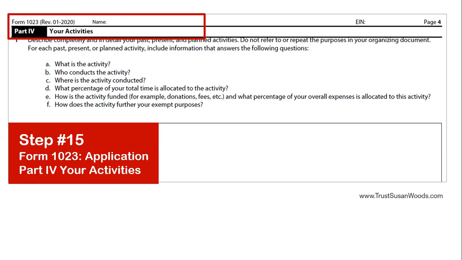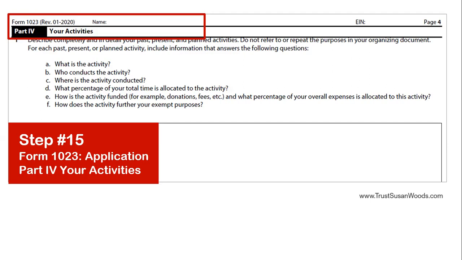This new process requires us to complete the same documents, but instead of mailing them, we then submit them online. So the name changed when the process changed. So now part 4 is called your activities.